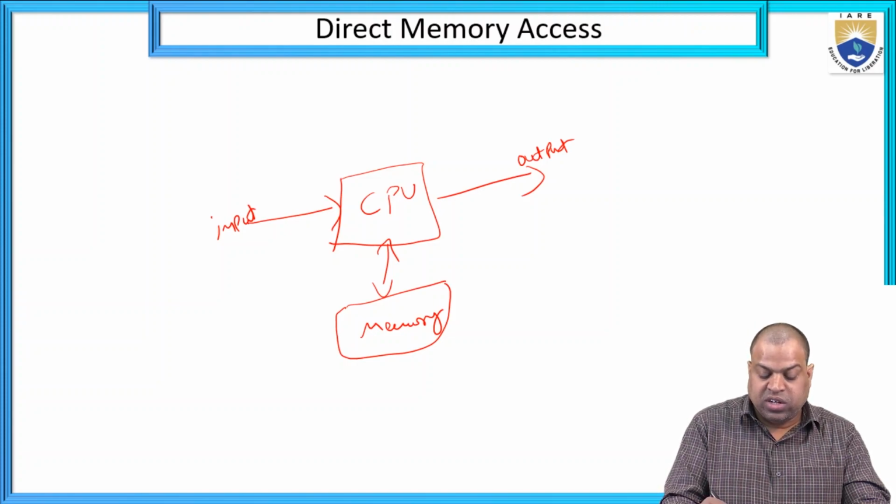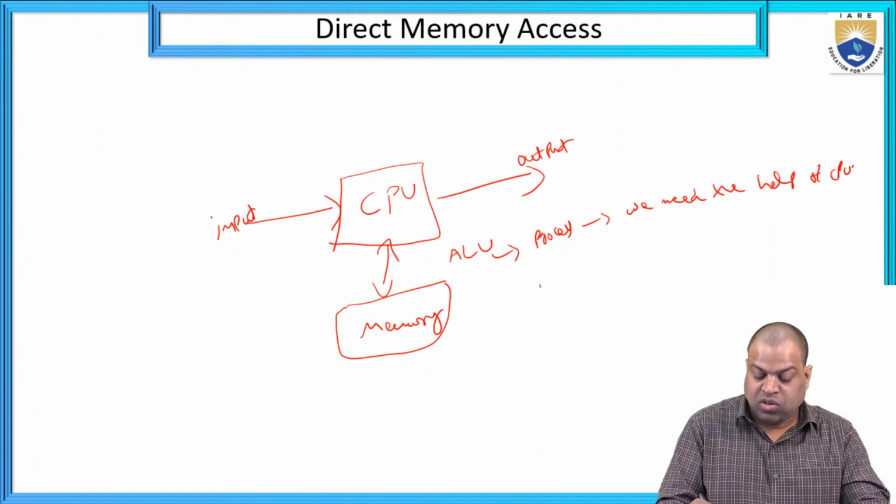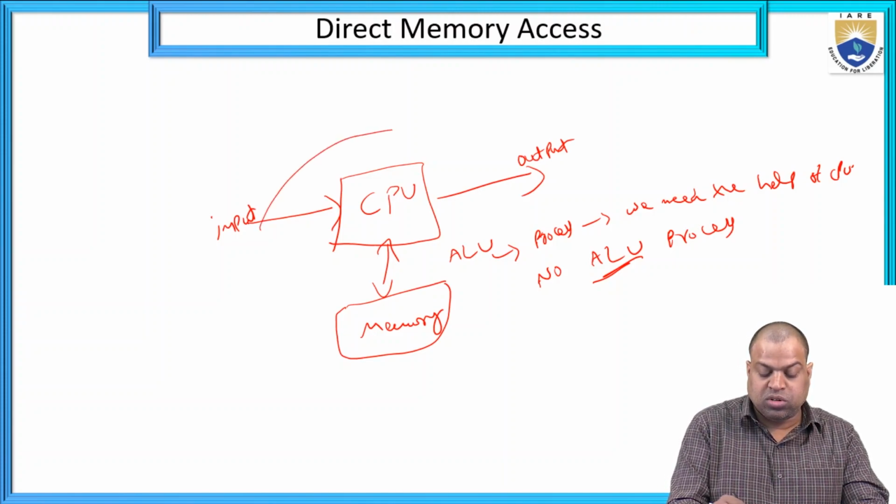When I am going for the ALU, Arithmetic Logic Unit, I need to do the ALU process, so definitely we need the help of the CPU. Suppose there is no ALU process, so I don't want any ALU. Without the arithmetic logic unit, I only have to connect input and output.